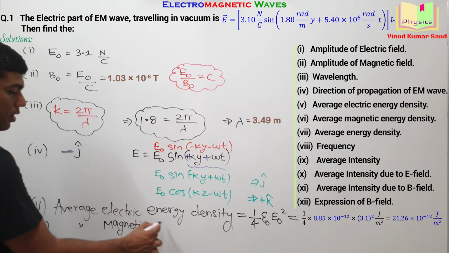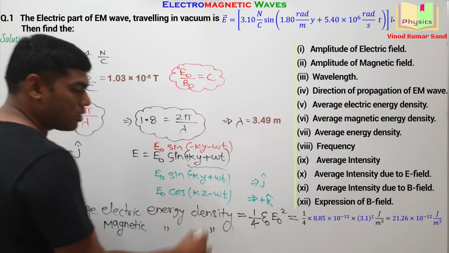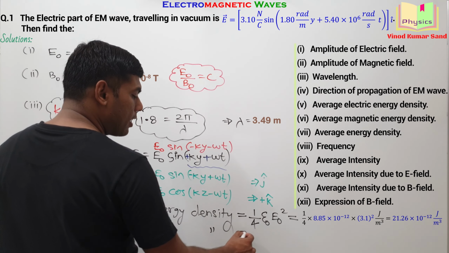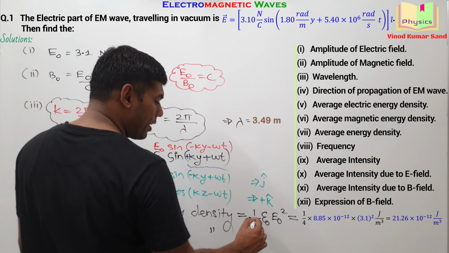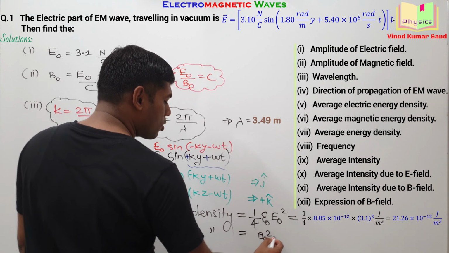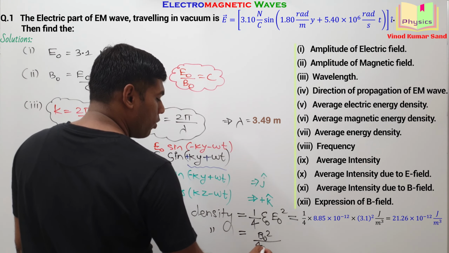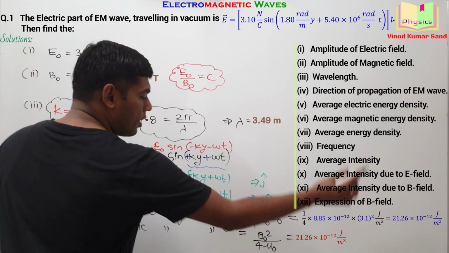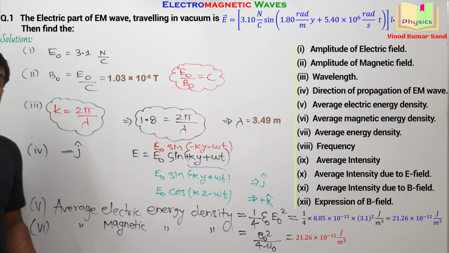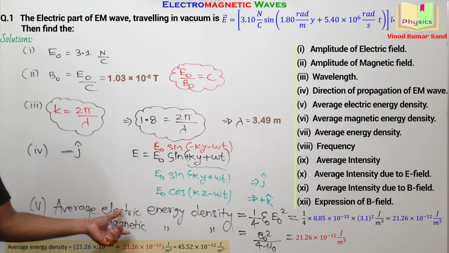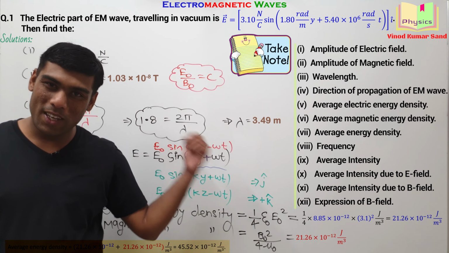I hope you can do the calculations yourself. Actually, the average magnetic energy density will come out to be the same, but I am writing the formula B naught square by 4 mu naught. You can do the calculations and you'll get the answer. Now, the next part is asking for the average energy density of the EM wave. For that, we will sum up these two answers.